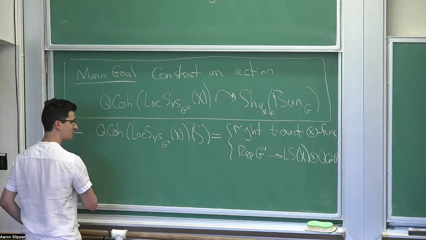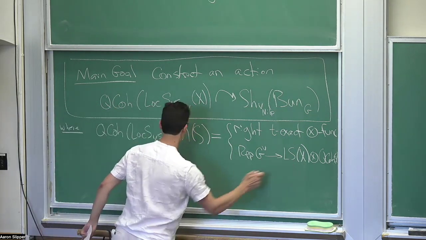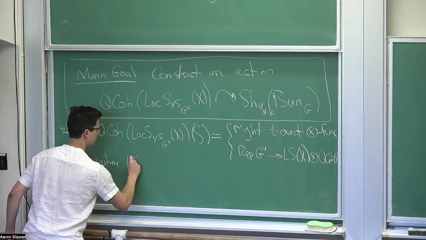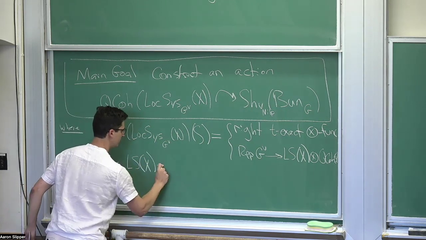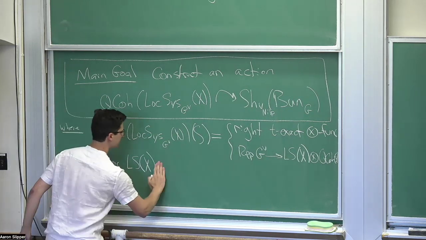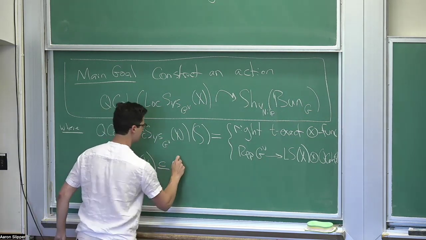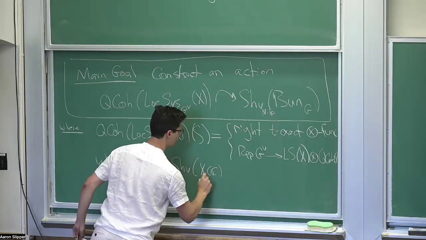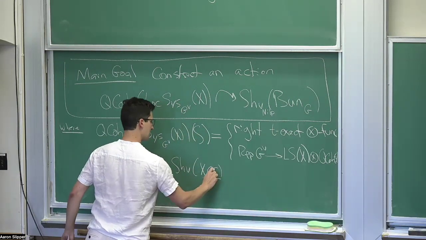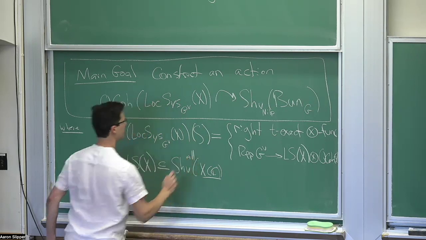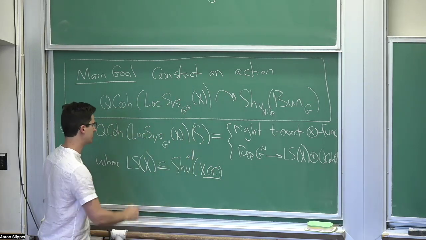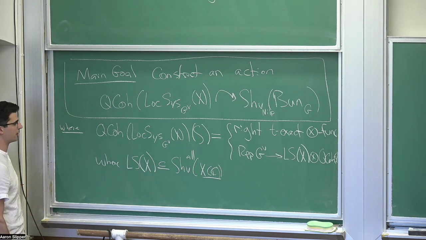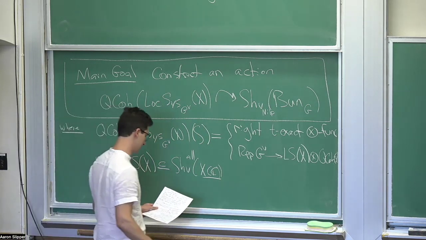Here, local systems means a subset of sheaves on this underlying topological space, consisting of complexes of sheaves whose cohomology sheaves are locally constant.